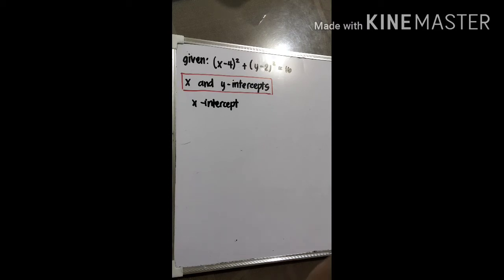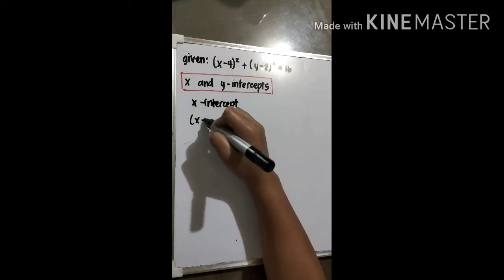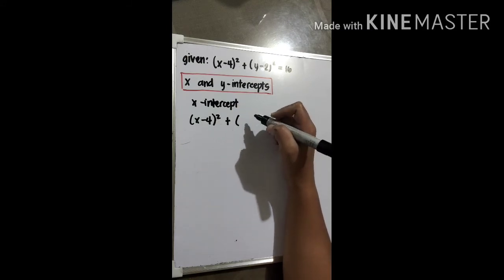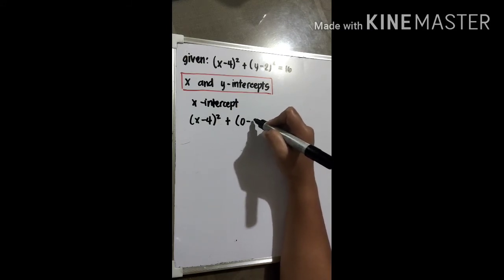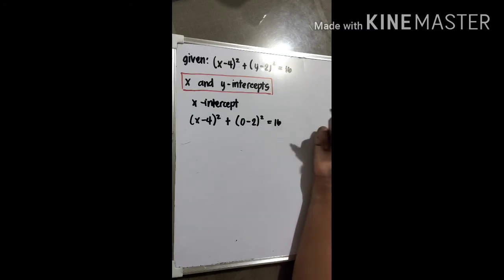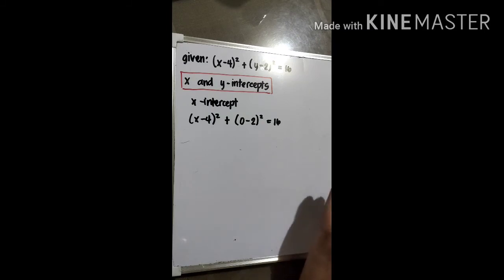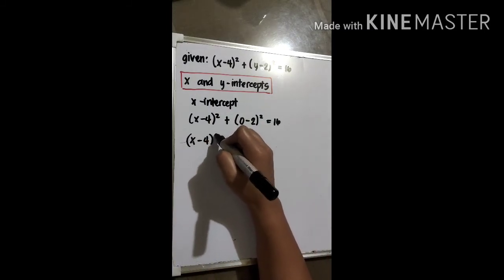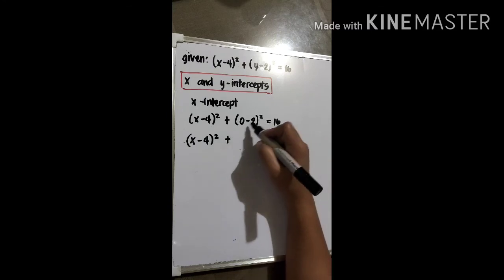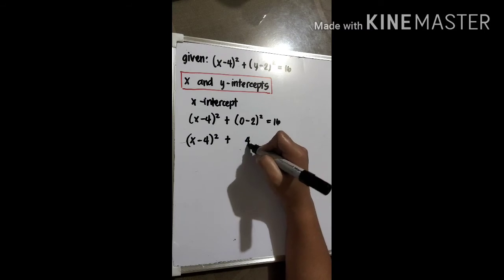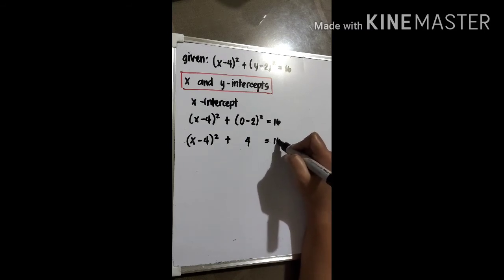So here we have (x minus 4) squared plus (0 minus 2) quantity squared is equal to 16. Now let's simplify this one. This will become (x minus 4) squared plus negative 2 squared, that is 4, is equal to 16.